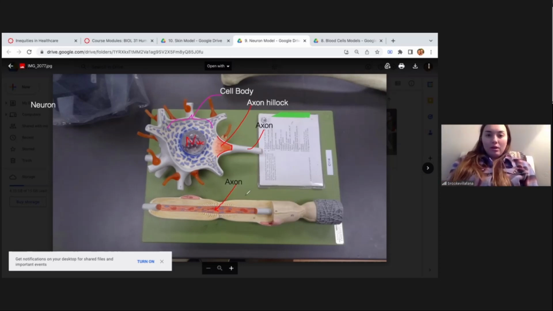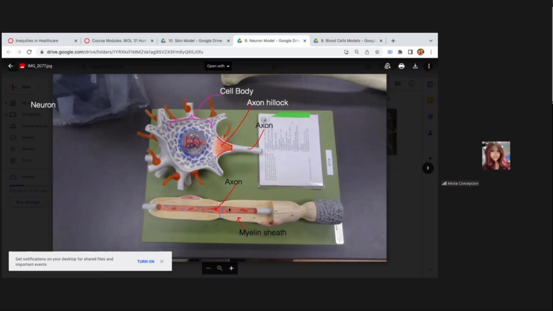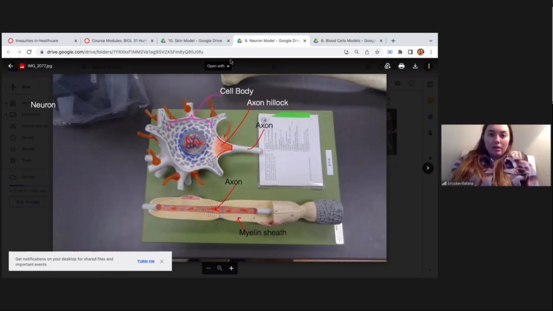The covering around the axon, this yellowish color, is the myelin sheath. So that wraps around the axon. And then these little white structures, kind of like little white hairs, those are dendrites.